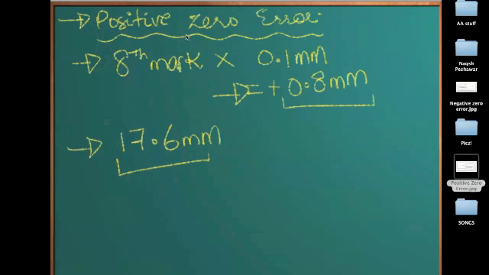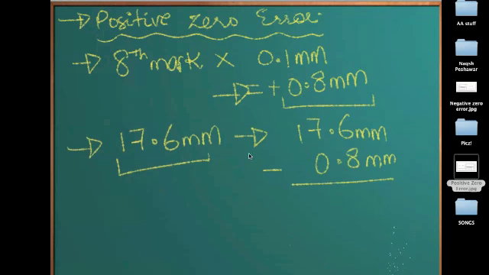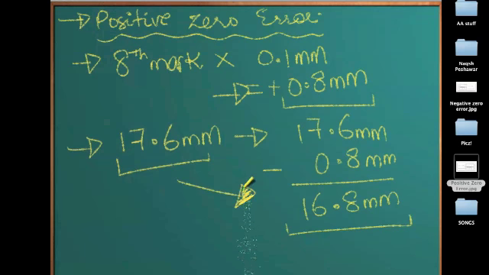In the case of a positive zero error, we already have a reading before we even started. So I will have to subtract this zero error from my reading to get the accurate answer. So 17.6 millimeters, I'll just subtract the 0.8. If you use your calculator, you will see the answer is 16.8 millimeters. So this is my final answer instead.